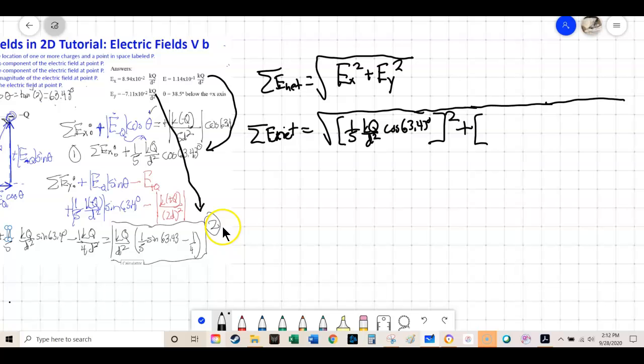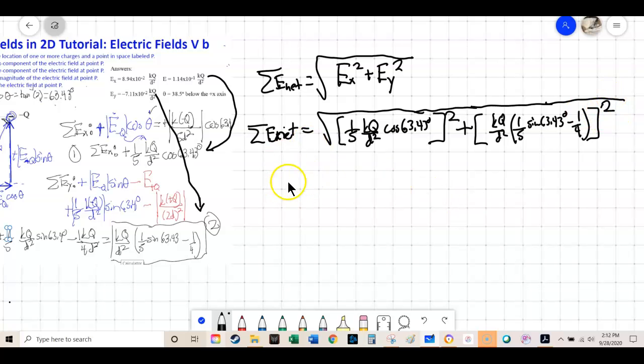Now we're going to do the y direction one. The y direction one we wrote to be kq over d squared, and we have parentheses inside a bracket, so that's going to be 1/5 sine of 63.43 degrees minus 1/4, end bracket, and we're going to then square this part.